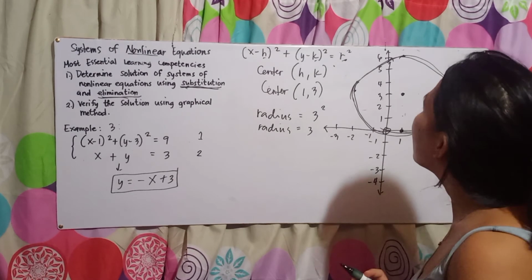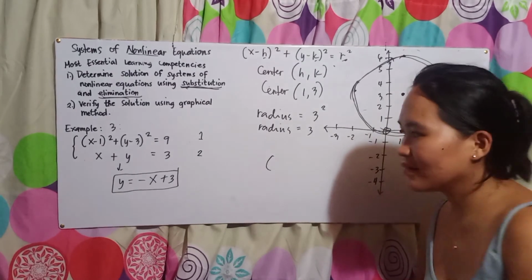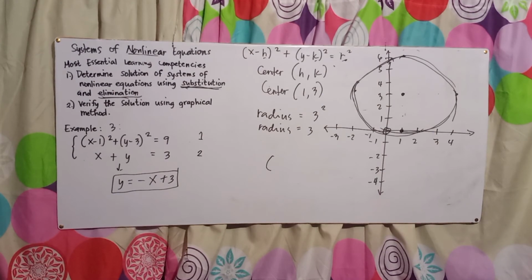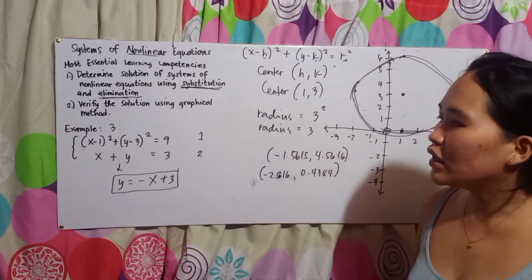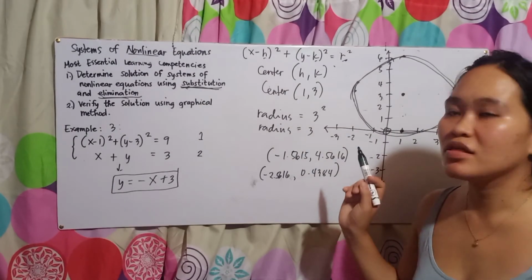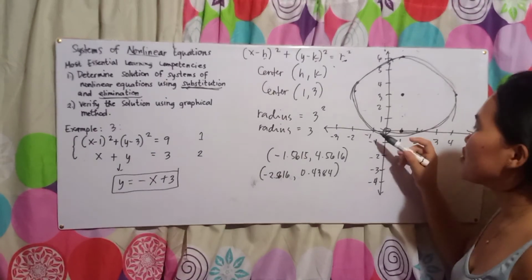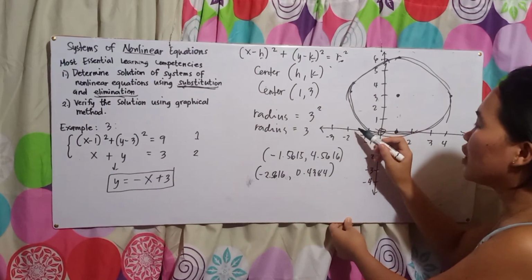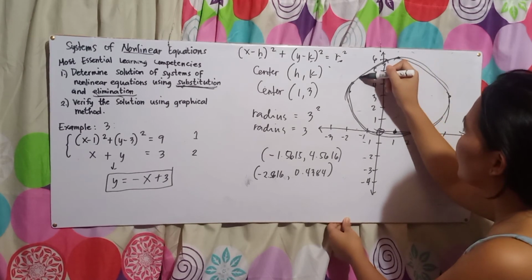Then, ang na-solve na kaganina, okay, mao niya ang na-solve kaganina na ordered pair. So, ang isa, negative 1.5615. So, atong tansyahon. So, possible ang negative 1.5615, diri, in between sa negative 1 o sa negative 2. Then, ang 4.5615, mga diri po.